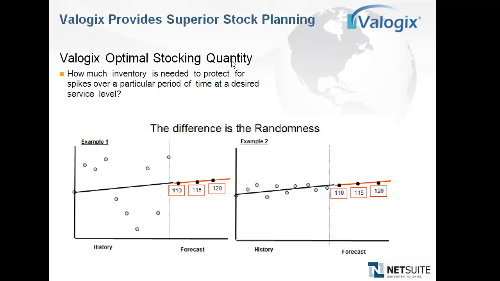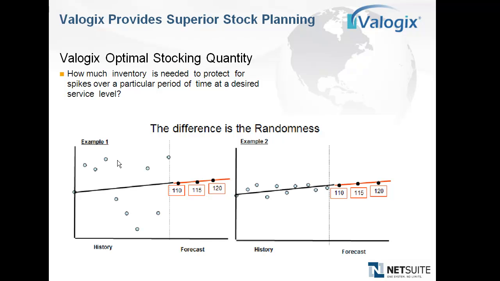The first item that we're displaying in here, we call example 1, has demand that looks very unpredictable. Some months you're selling 150 units and other months you're selling 20 units. So forecasting and coming up with a plan for the first item is probably much more difficult than coming up with a plan for the second item, whereas demand for the second item is much more predictable. Sales are selling consistently at around 110, 115 units per month.